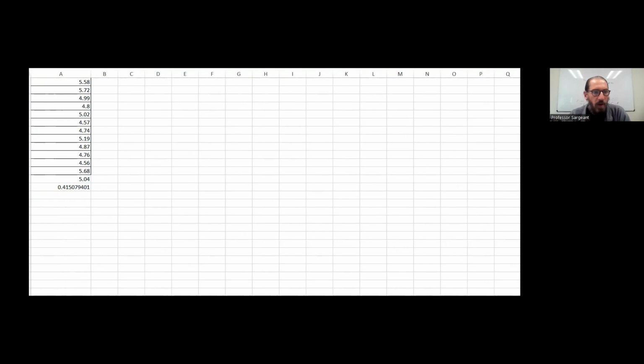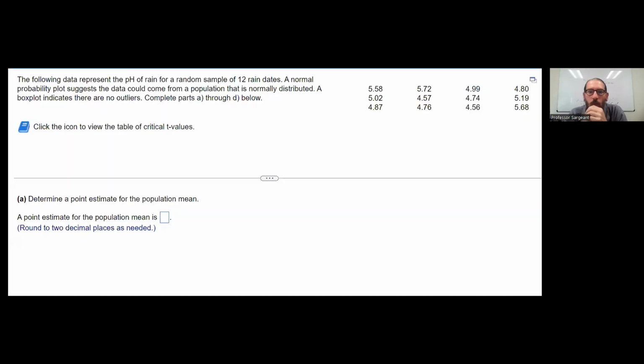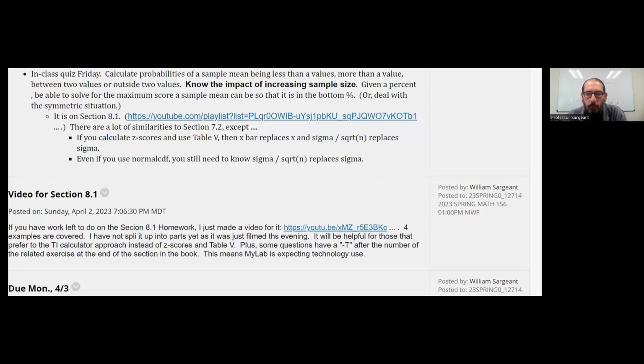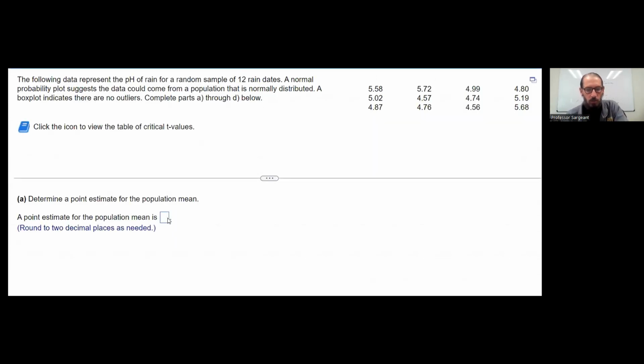So let's go back. Okay, so the point estimate for the population mean, in other words, X bar, I was finding 5.04.